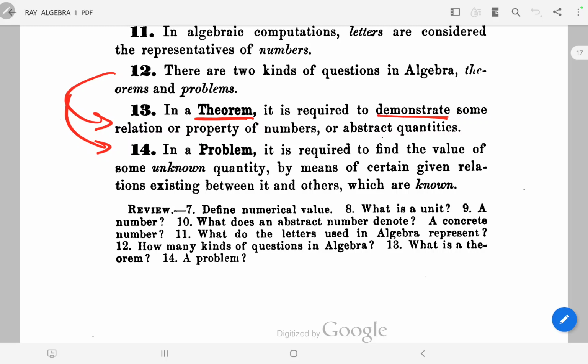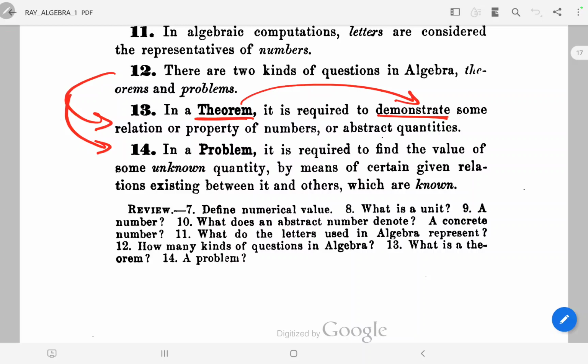So if we need to prove a relation between quantities or a property of numbers, that type of question is called a theorem. In theorems, we need to prove something. Remember the key there. A theorem asks us to demonstrate something.